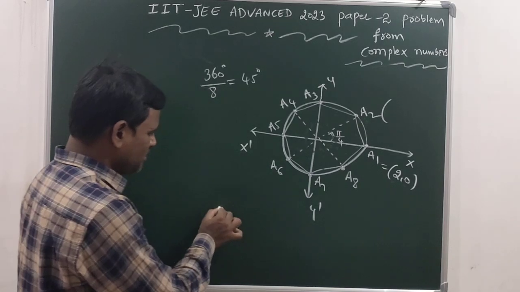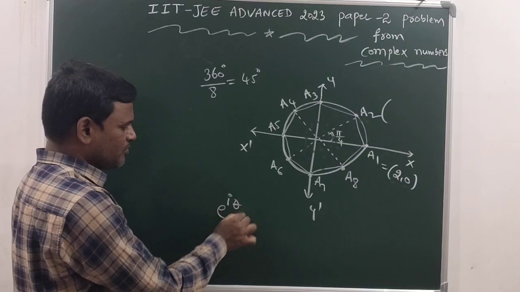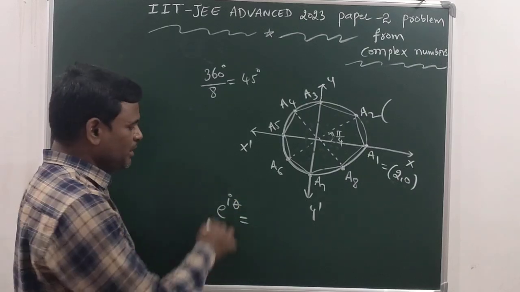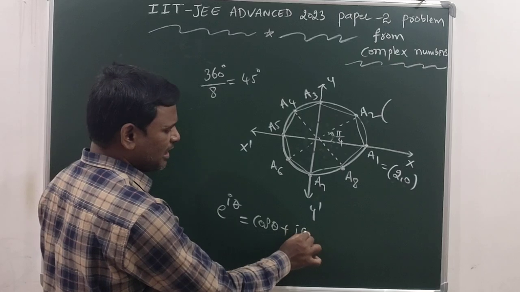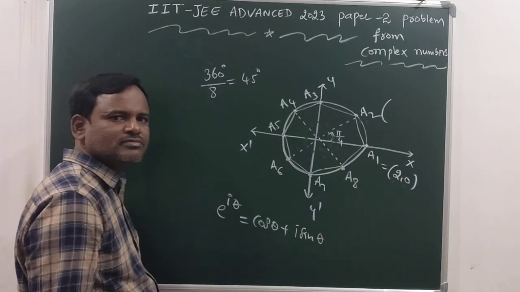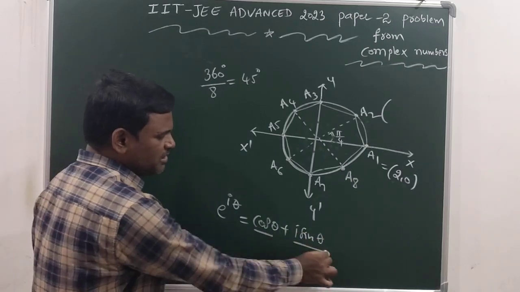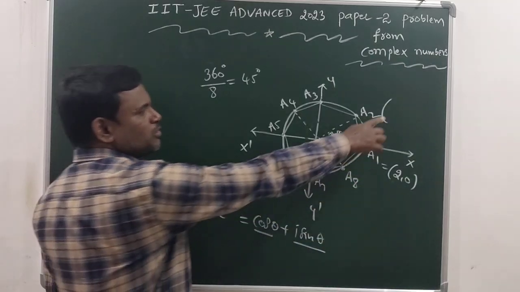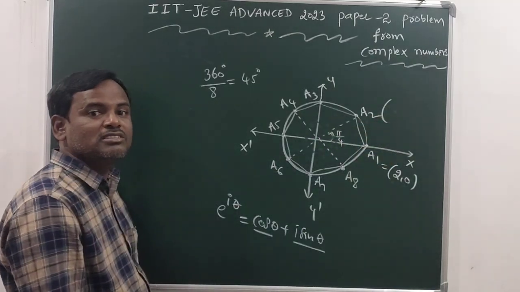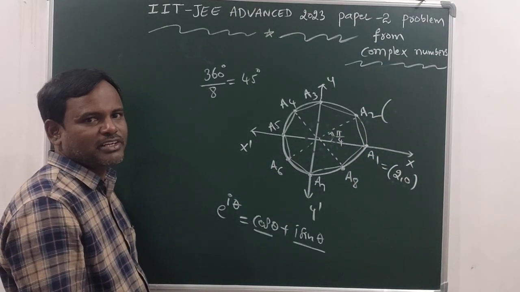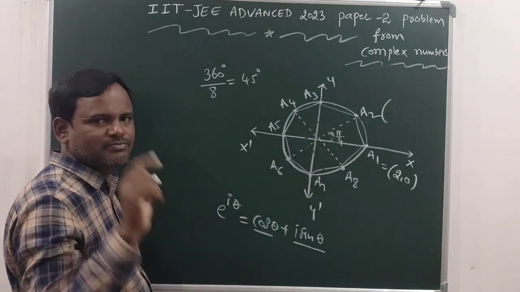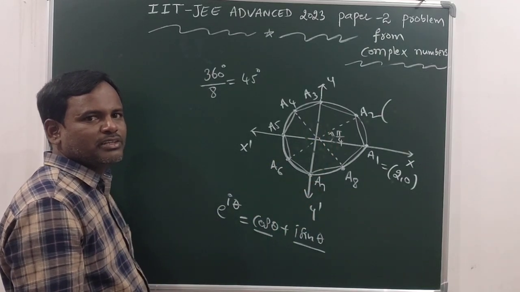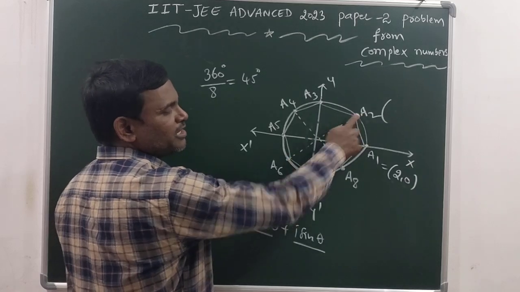You know students, Euler's equation: e power i theta is equal to cos theta plus i sin theta. Now this is the real part, this is the imaginary part. So here also you have to write 2 cos theta, 2 sin theta because here the magnitude is 1. Okay students, how far away is it from the origin to here? 2 units.